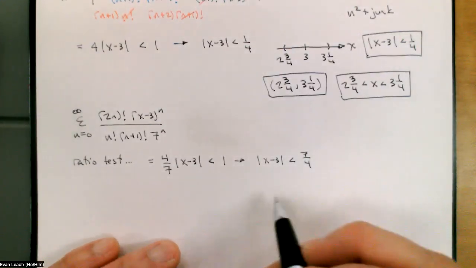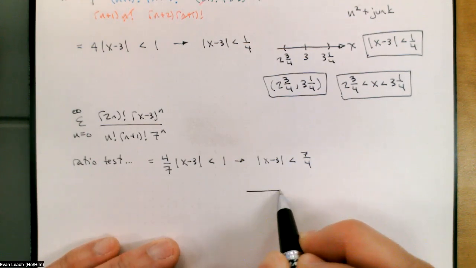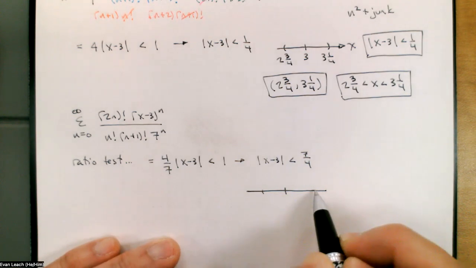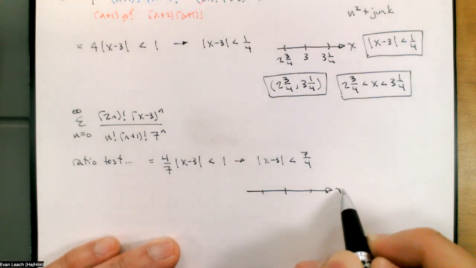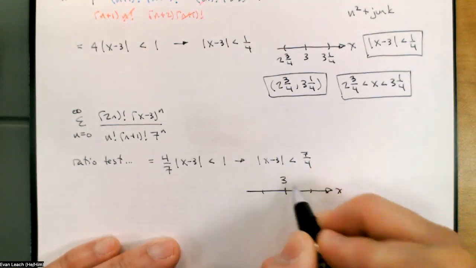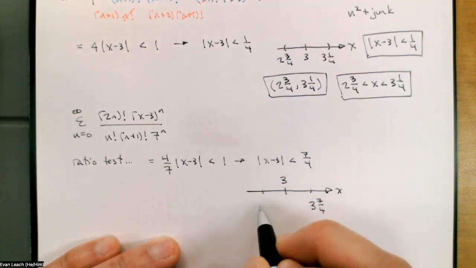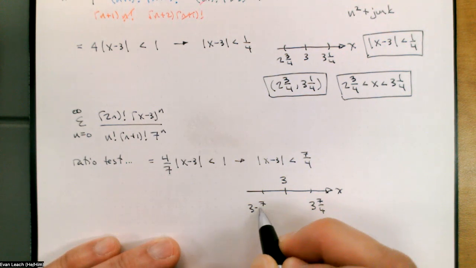So in the middle, we'll put our 3. Up at the top, we'll put 3 plus 7/4. And at the bottom, we'll put 3 minus 7/4.